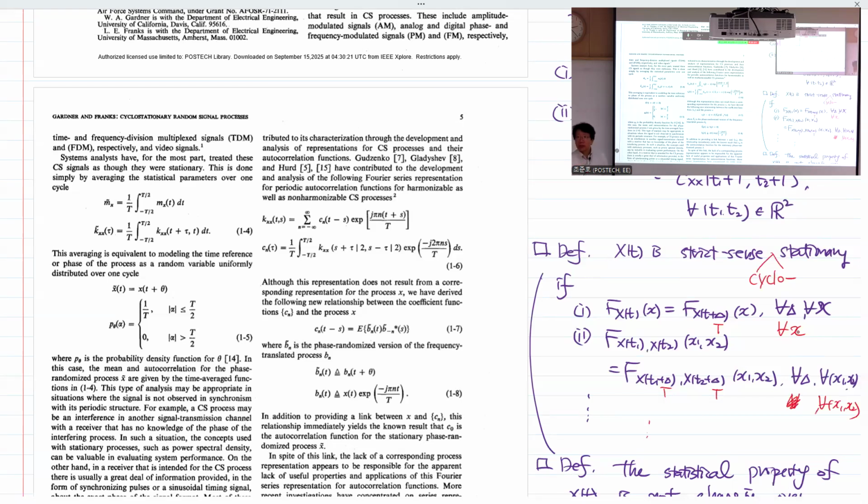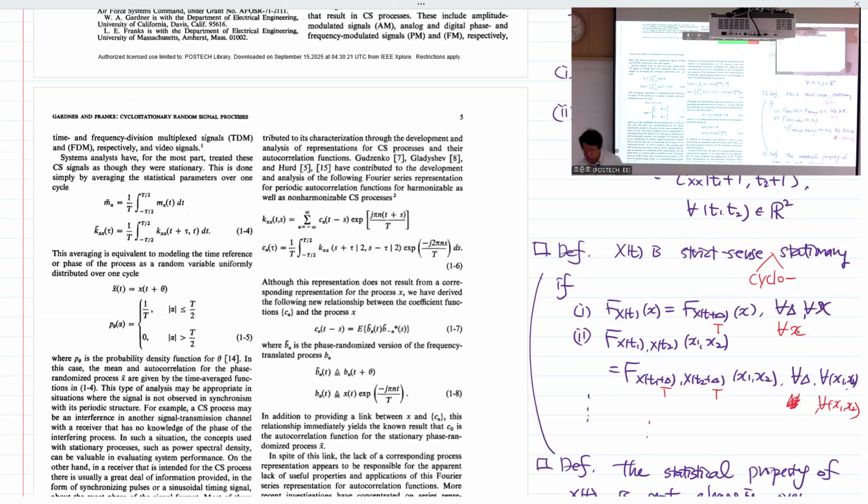Dot, dot, dot. Got it? Everybody got it? So instead of using any delta, we restrict the invariance of our first order CDF when we translate the origin by an integer multiple of capital T.